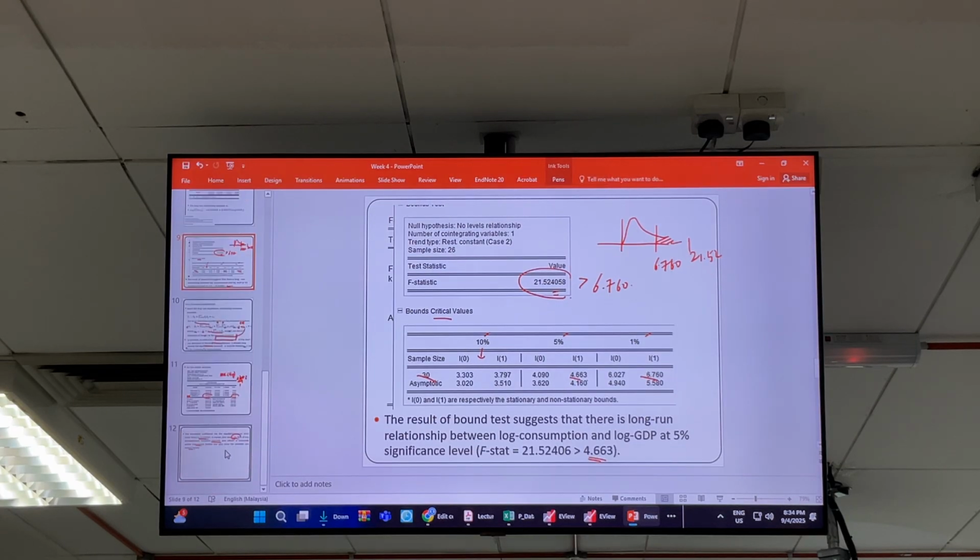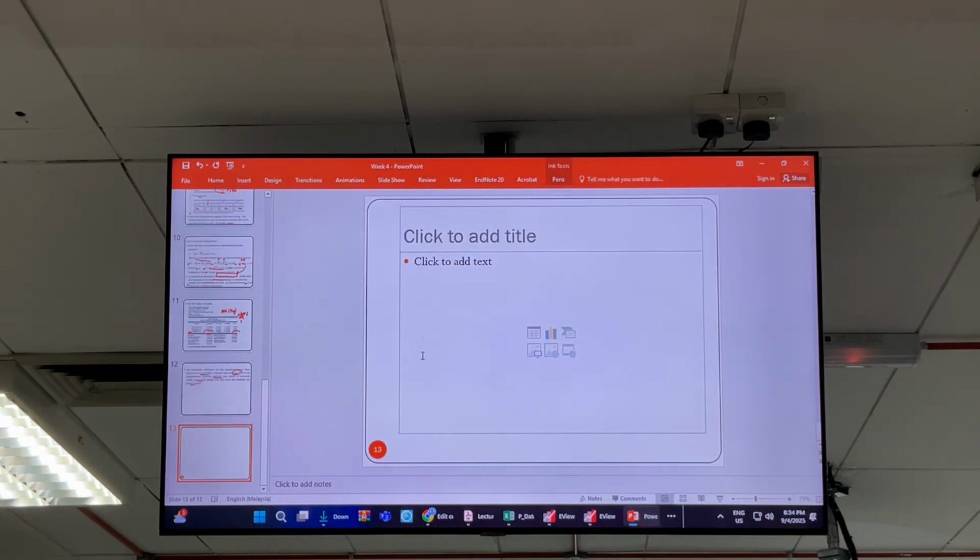If you want to do the Wald test now, you can do it here. Go to View, Coefficient Diagnostics.